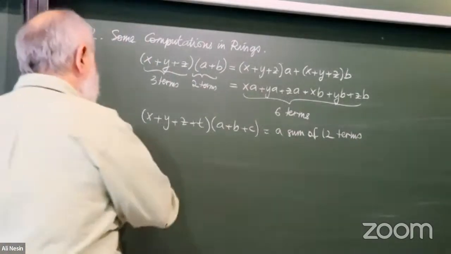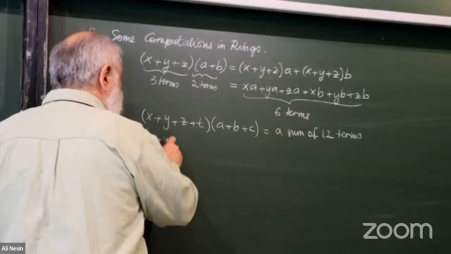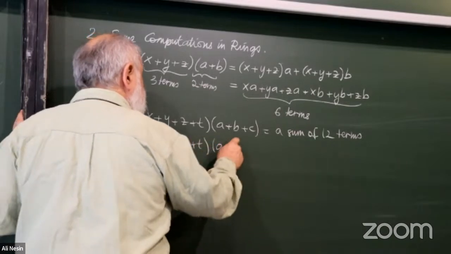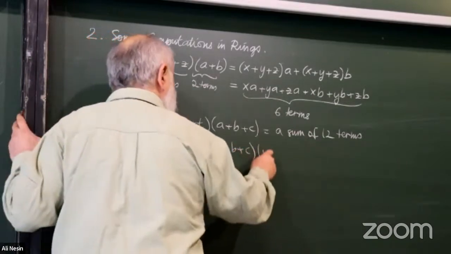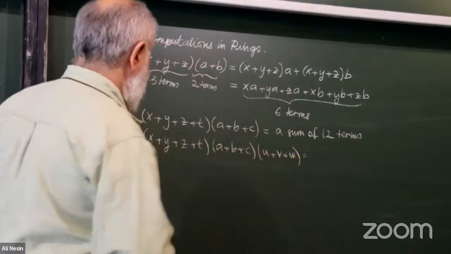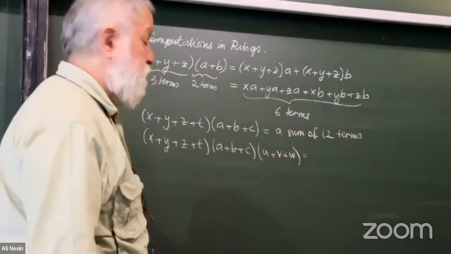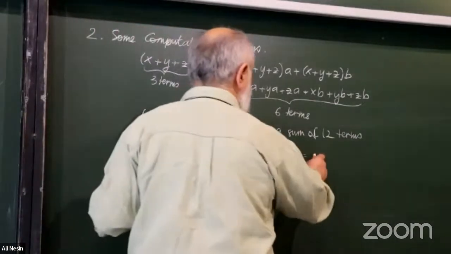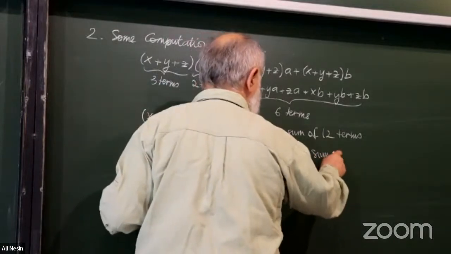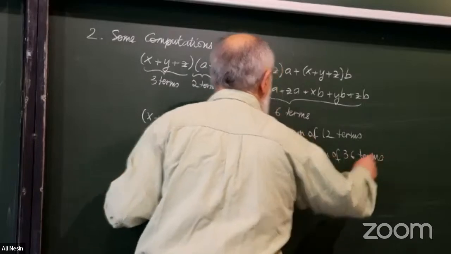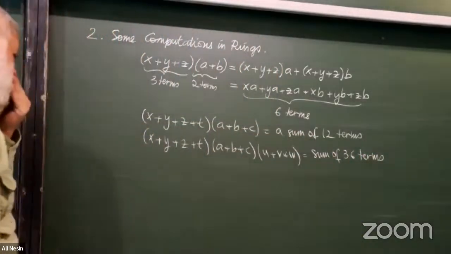If you multiply x plus y plus z plus t times a plus b plus c times u plus v plus w, we'll have a sum of 4 times 3 times 3, which is 36 terms. Okay, this is easy, of course.